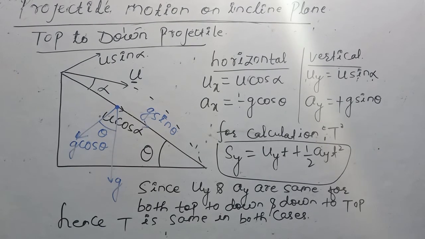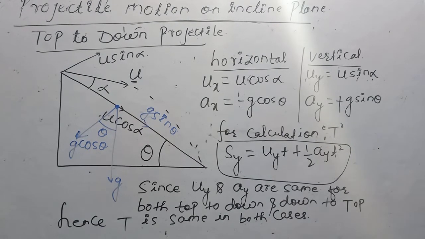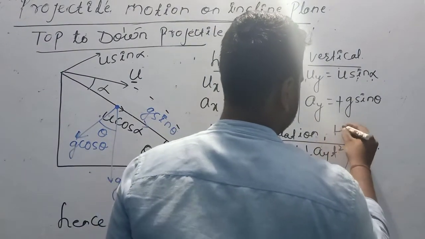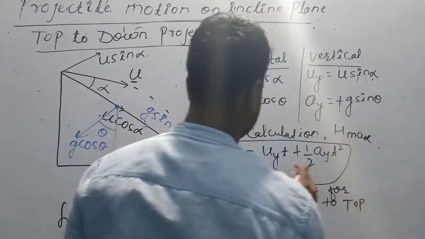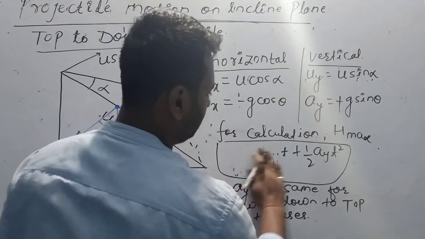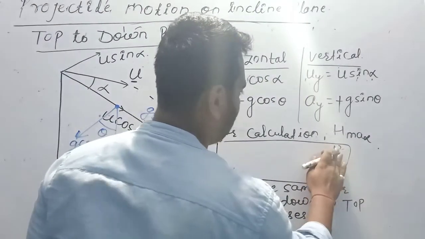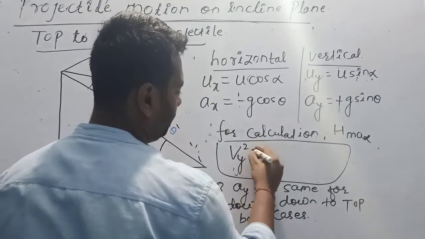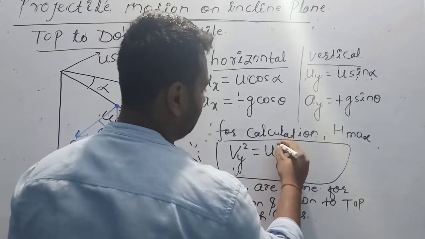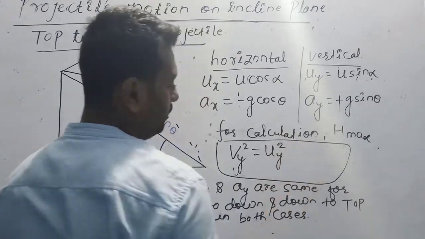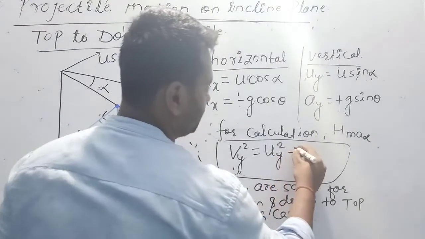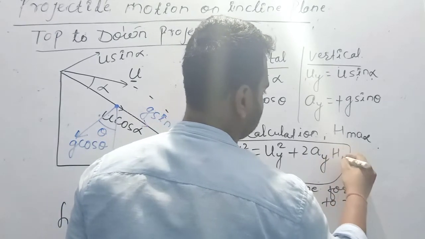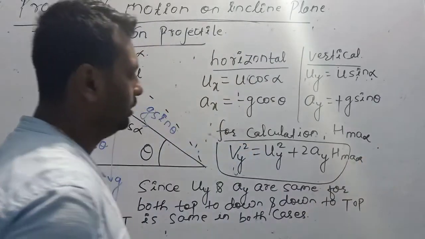Again, for calculation of maximum height, which formula we had used? For calculation of maximum height, we had used final velocity y component whole square equals initial velocity y component whole square plus 2 into acceleration due to gravity y component into h max. This formula we have used.